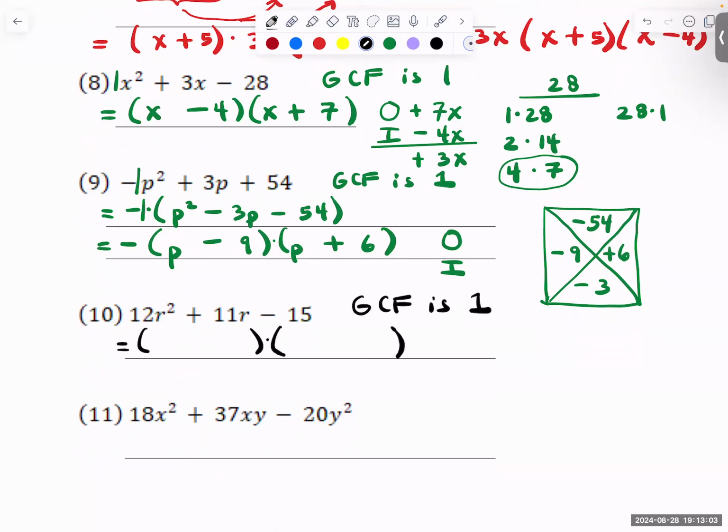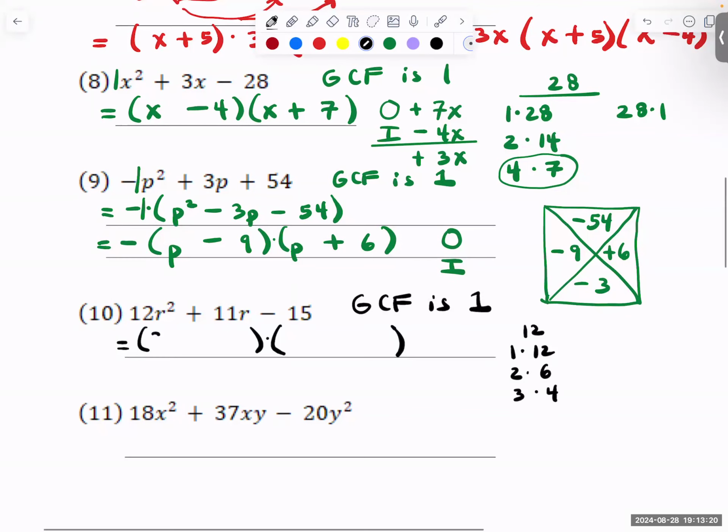Now 12 can be factored as 1 times 12, 2 times 6, 3 times 4. So let's try 3 times 4 first, or 4 times 3. And right now the order doesn't matter. 3r times 4r is 12r squared.